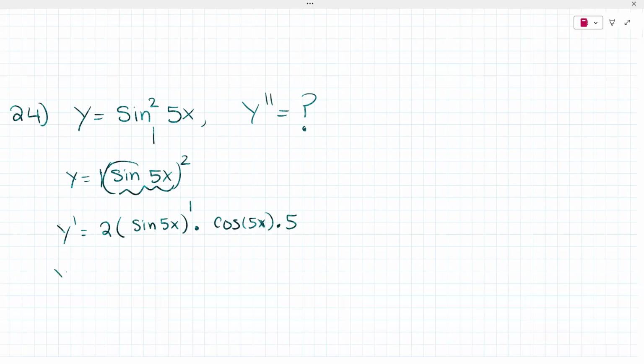So y prime is going to be, you can clean this up a bit. You can multiply 5 and 2, which is 10. Or no, you could put the 5 in front. No, no, no. This is okay.